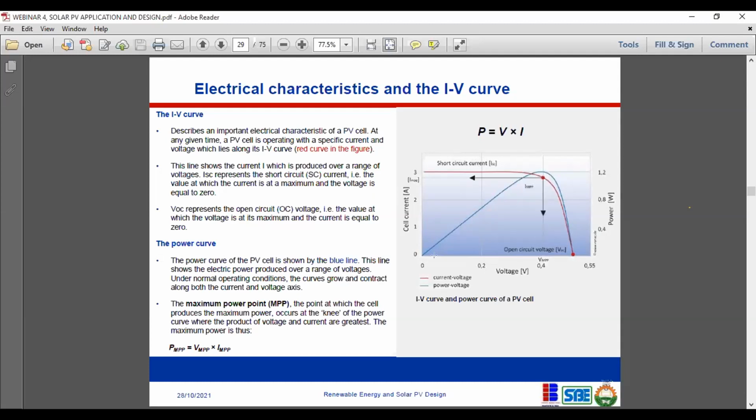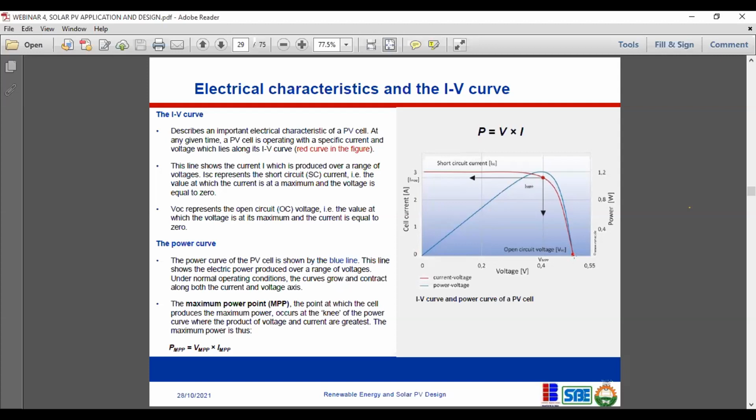This is voltage and this is current. I hope everyone is following this. This is the maximum current that the PV can produce, and at maximum current, the voltage is 0. At the lowest current, when it's producing 0 current, the voltage is highest.